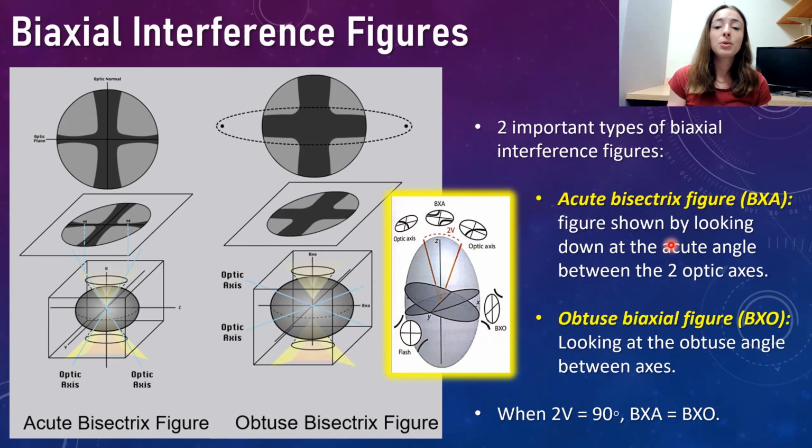So there are two important types of biaxial interference figures that we need to define here. Basically, you have your acute bisectrix figure, which is abbreviated BXA and shown here on the left. And then you have your obtuse bisectrix figure, or BXO, and that's shown here on the right of this figure. And why are there two main biaxial interference figures?